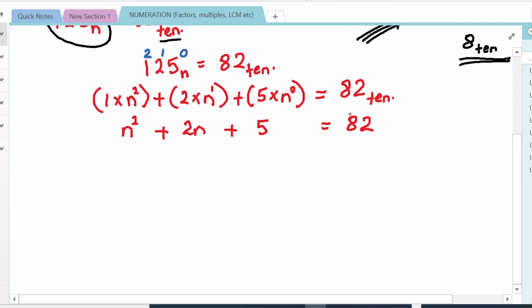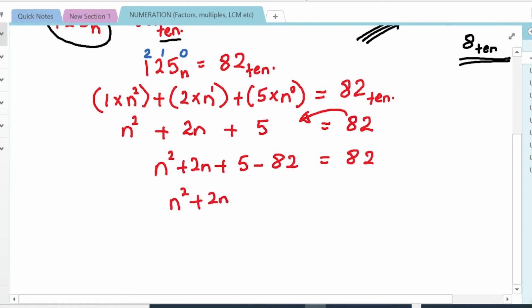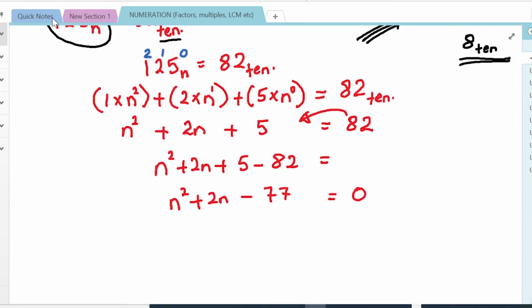We know that quadratic equations are equal to 0, so let's bring this one this way. So this becomes n squared plus 2n plus 5 minus 82. What is 5 minus 82? So this is going to become n squared plus 2n minus 77 is equal to 0. Sorry about that.